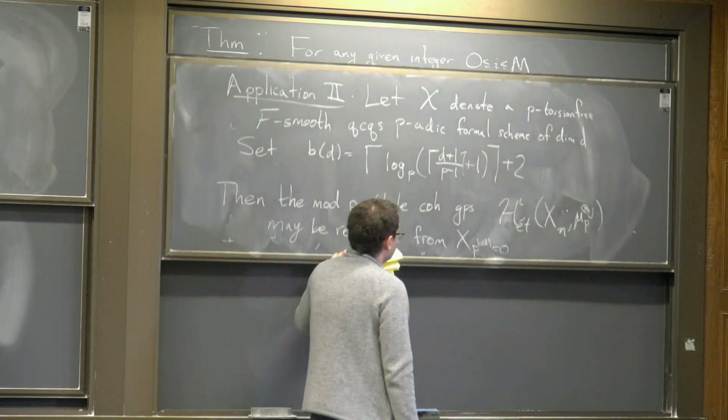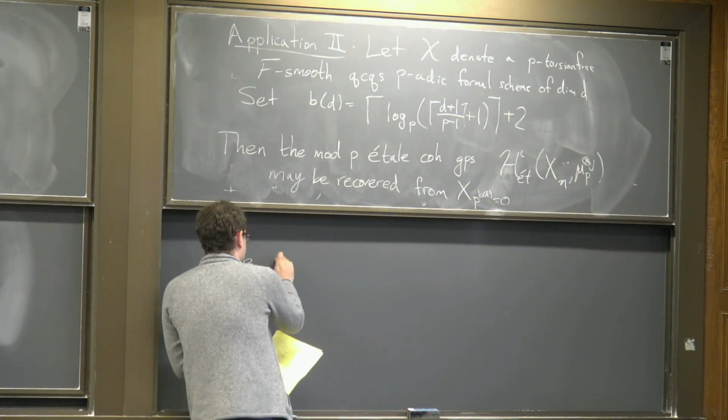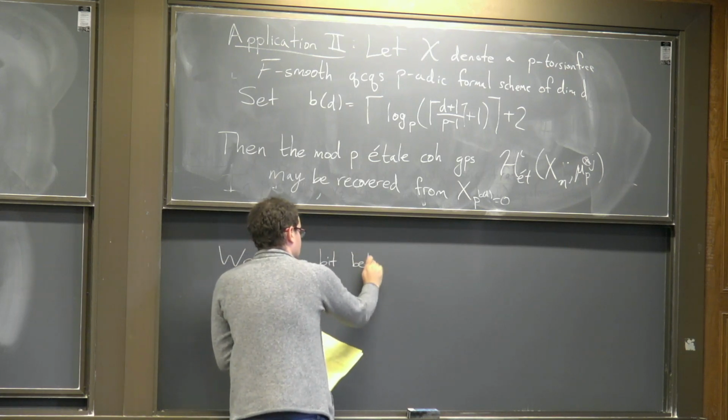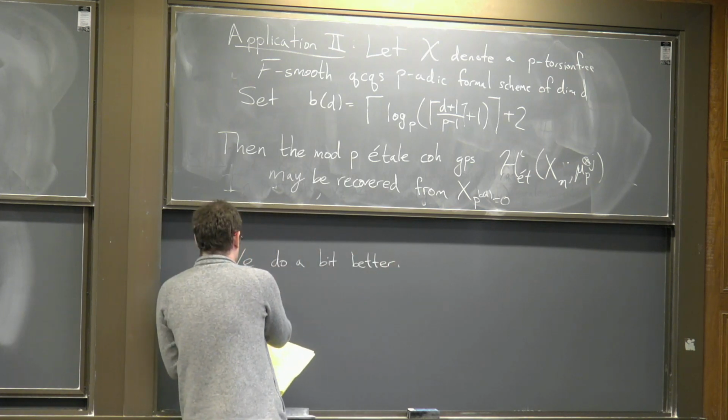And then maybe I will just finish by saying that we can even do a little better. So we have a few results in the paper on the arXiv that do a bit better.